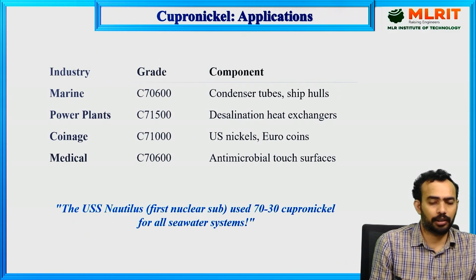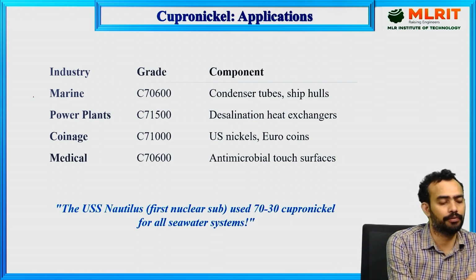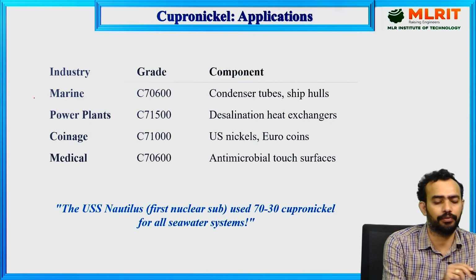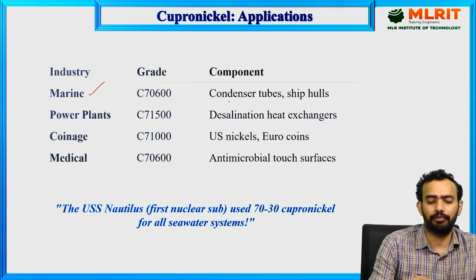Then if you look at the applications of these materials, as we have discussed, because of its excellent seawater resistance, it finds its applications in the marine sector, where we'll be using it for condenser tubes and ship hulls.